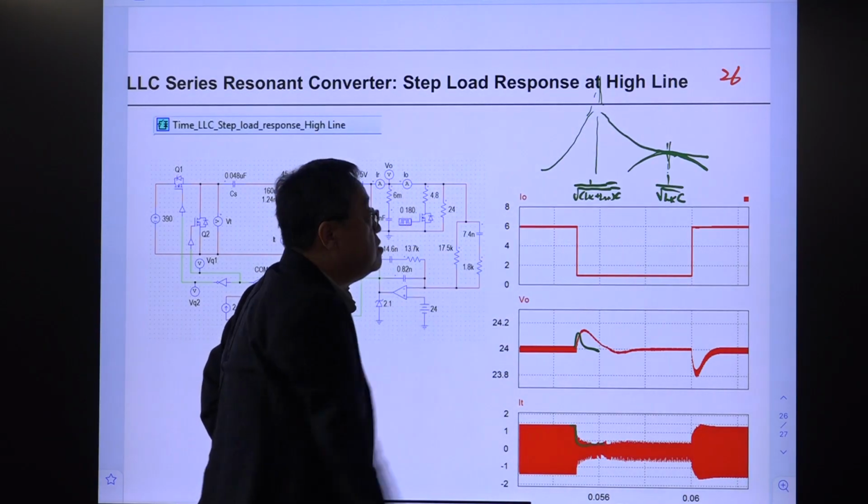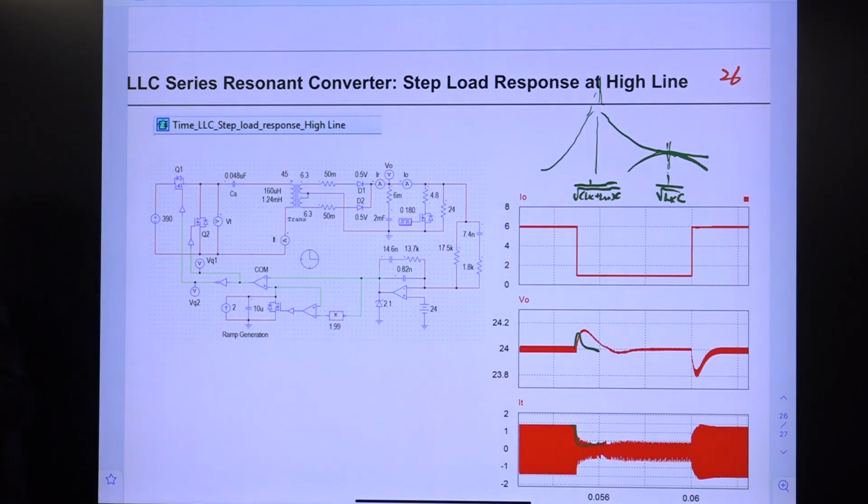All right. So if you are in high line, you are in low line. Okay, if the input voltage is low, then you need a large DC voltage gain to have a constant output voltage. And if you are in high line, the input voltage is large, then to have the same output voltage, this gain should be reduced. Then you are increasing the switching frequency.